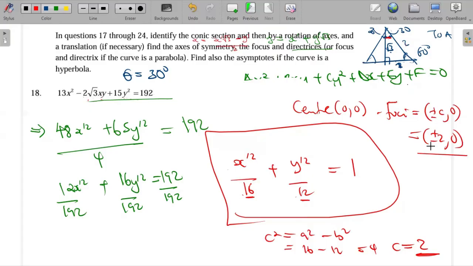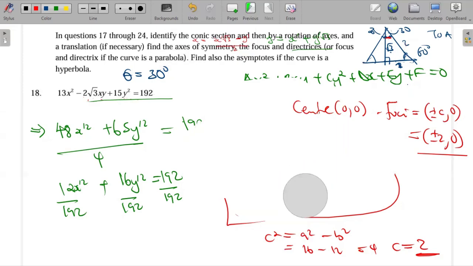Now, probably what your lecturer wants is to get the foci here and then change it and take it back into the original system. So when you find this here, okay, let me keep it there.